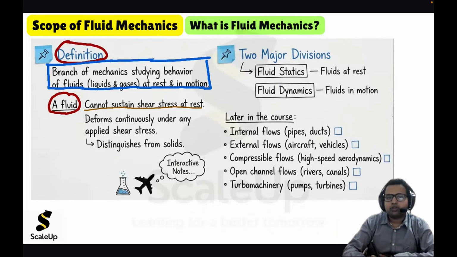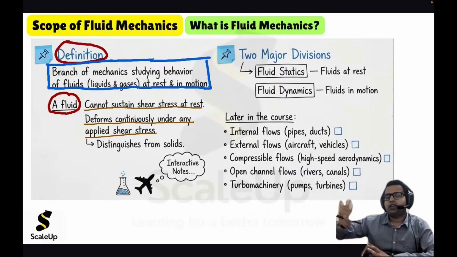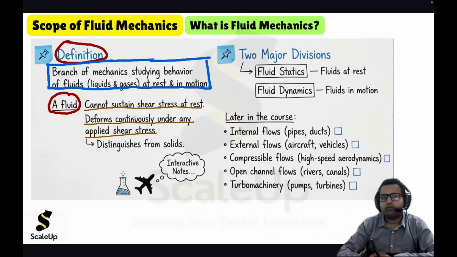It deforms continuously under any applied shear stress. Liquids and gases are fluids, because when you apply shear stress to them, they undergo deformation. Continuously they will keep on deforming, and hence they are fluids.